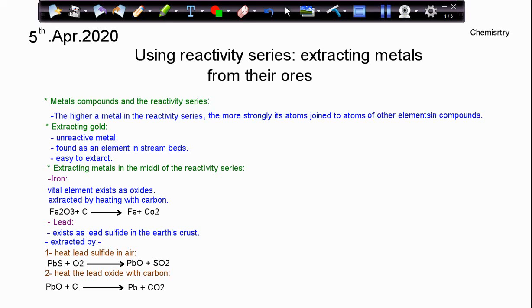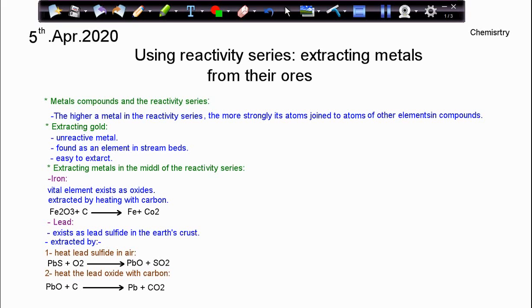Extracting metals in the middle of the reactivity series, metals like iron and lead, we can find them as compounds. Iron can exist as oxides, but lead can exist as sulfide. So we can extract iron by heating with carbon, because carbon is more reactive than iron, so it will displace the iron, joining with oxygen to form carbon dioxide.